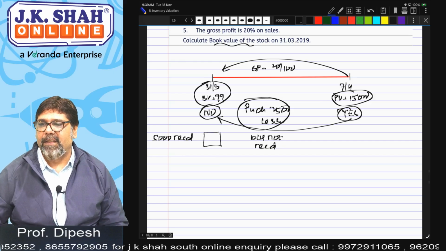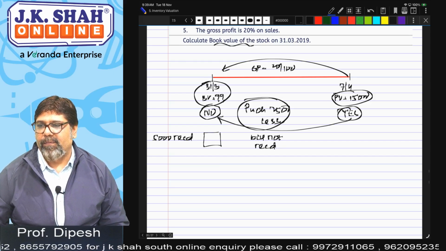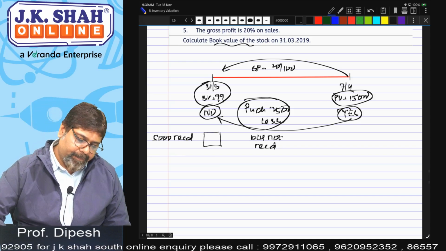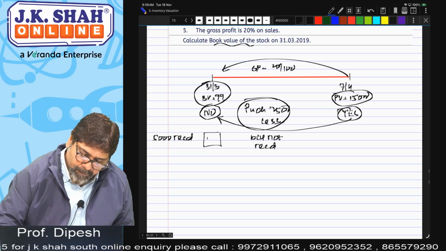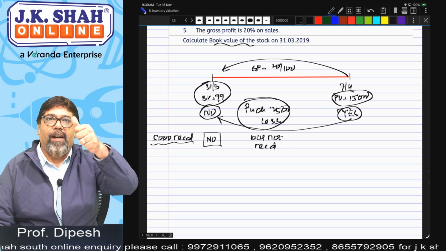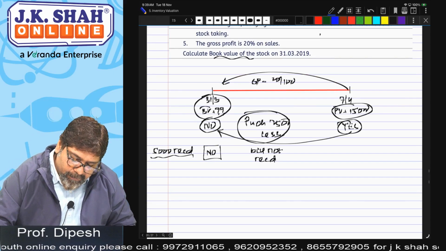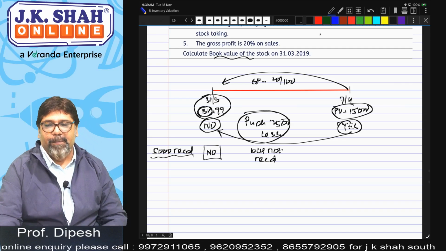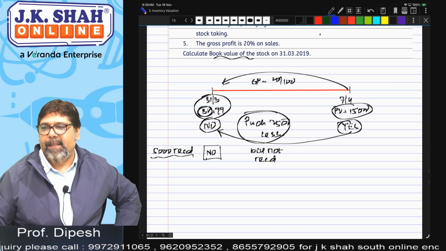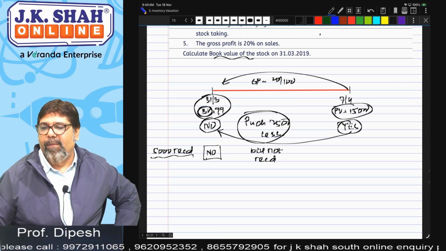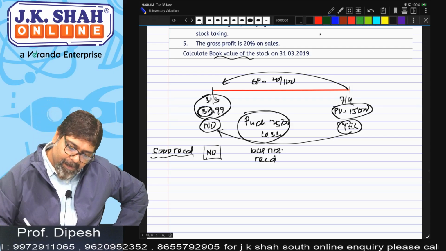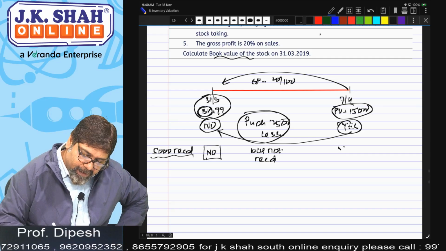Why no? Because we have physically received the goods, we have not received the bill, and we are supposed to find out the book value. Book value, it will not come. Correct. No invoice. Correct. But you have received the goods. So in physical value? Yes.